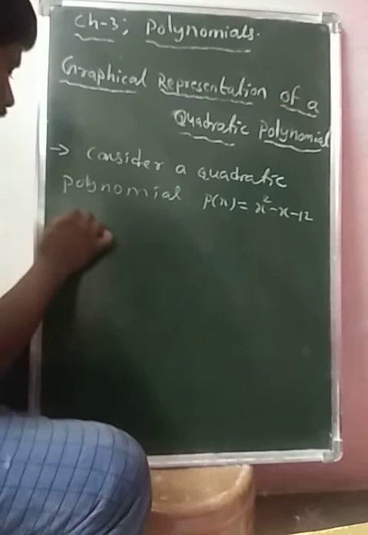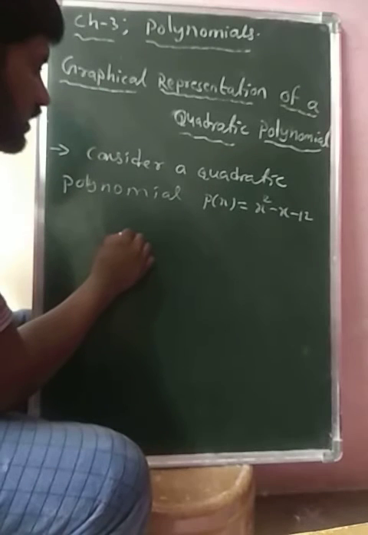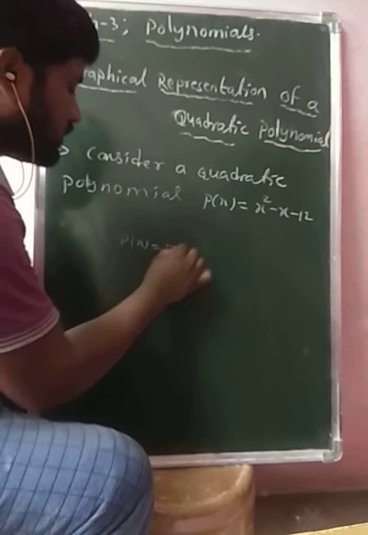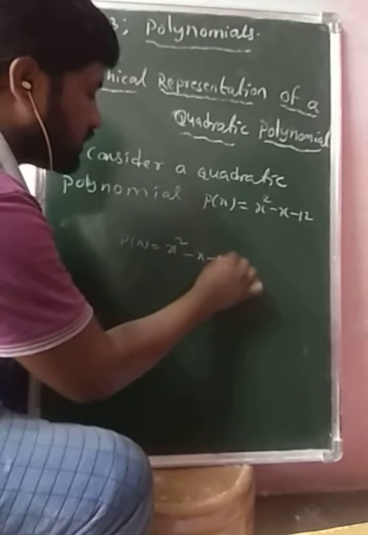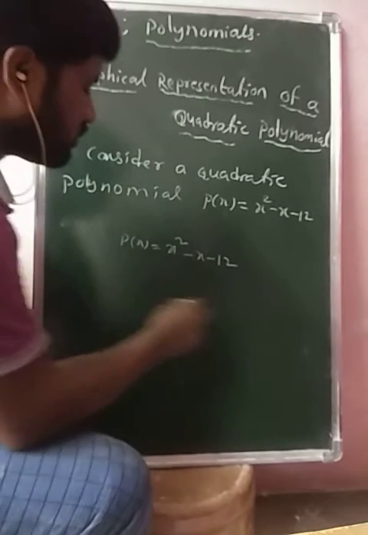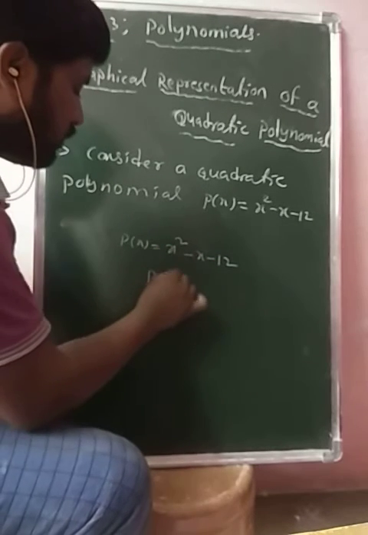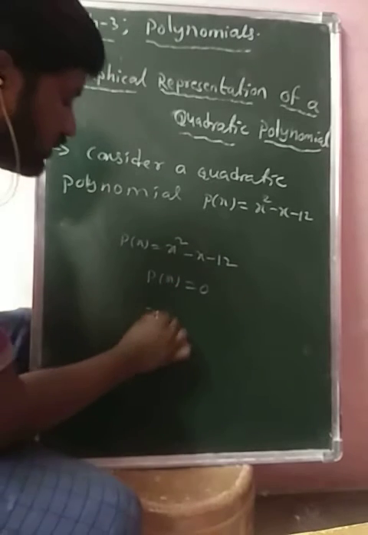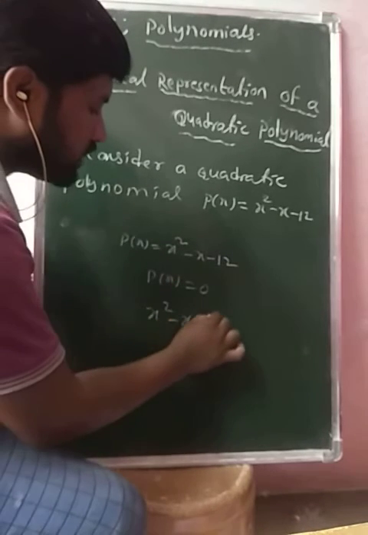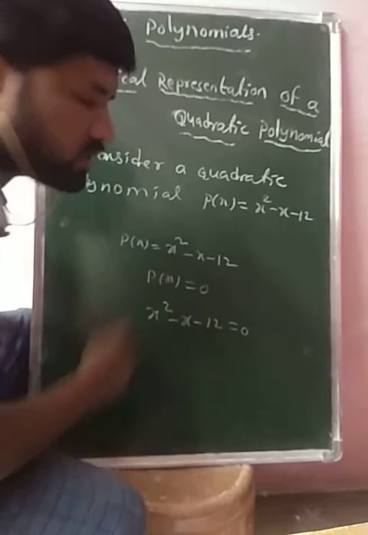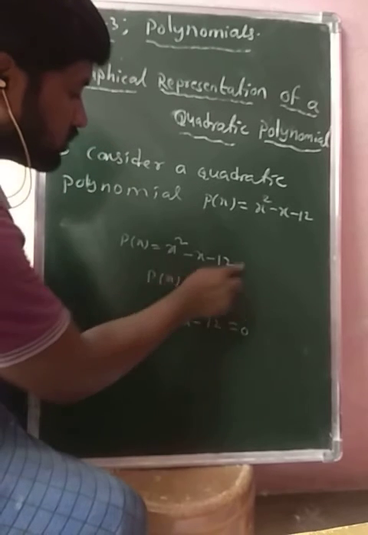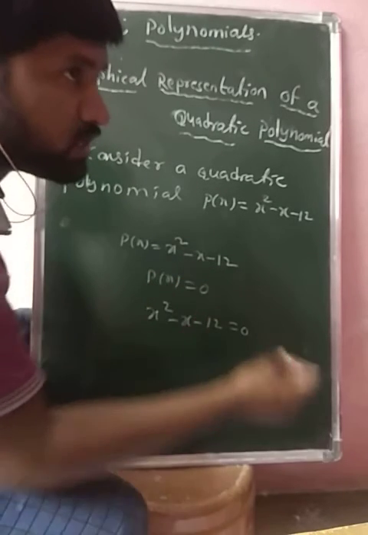So now I have taken p of x is equal to x square minus x minus 12. I want the zeros, that's why p of x is equal to 0. Then x square minus x minus 12 is equal to 0, because p of x means x square minus x minus 12.